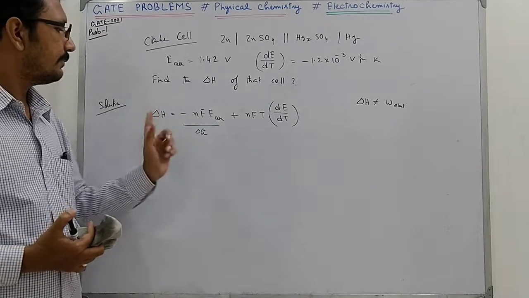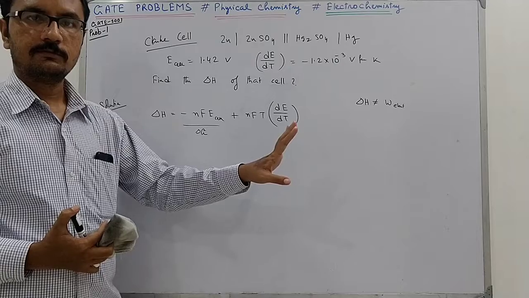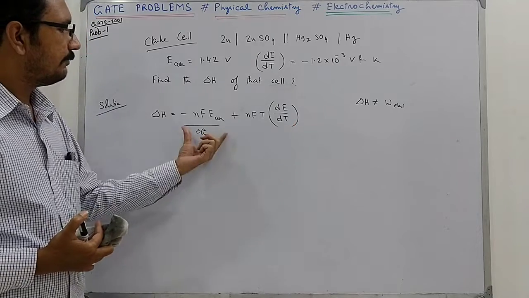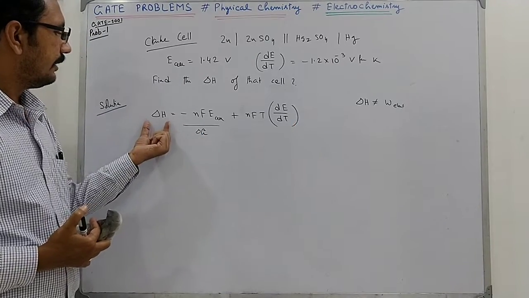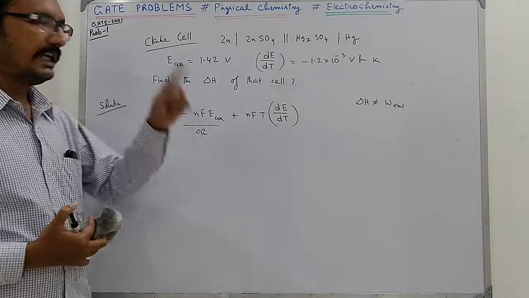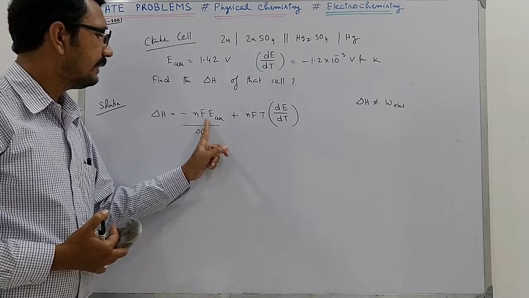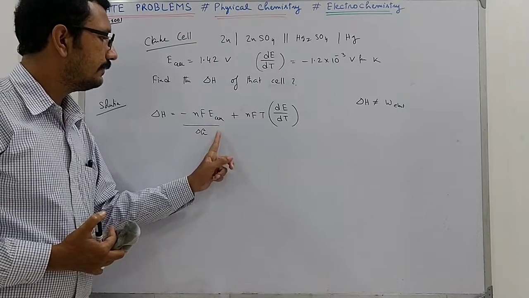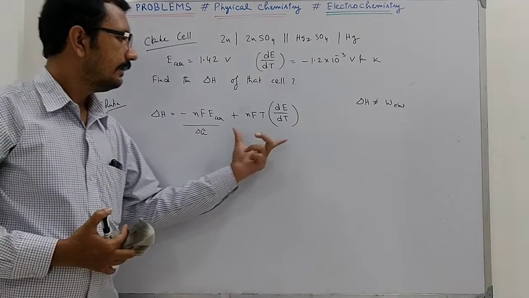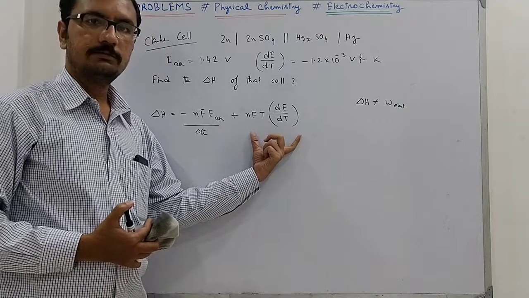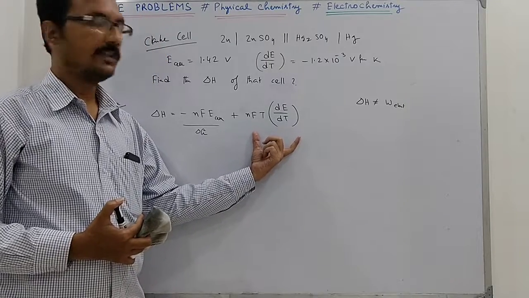So if such question comes, first write this expression. Now this is the expression for the electrical work and this is the enthalpy change, and they are asking at what condition this will equal the electrical work. So for this equality, the second term must be 0.